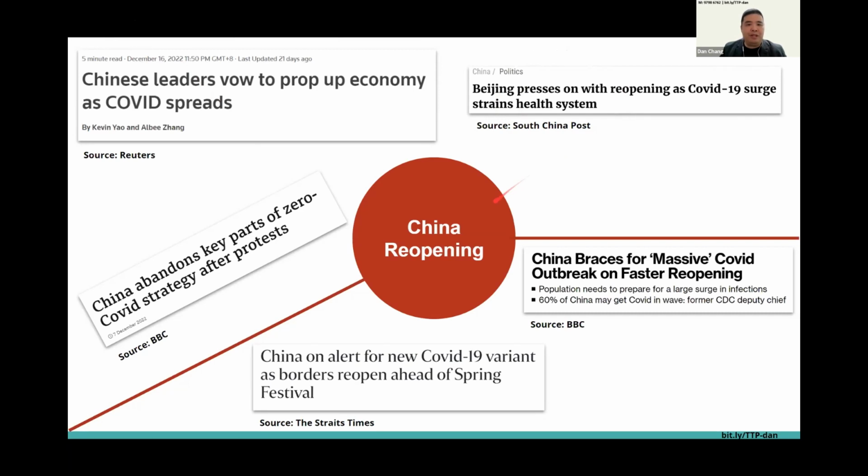So this China reopening catalyst is very, very real, and I'm very optimistic about it. But do take note, nothing is 100%. This is surely a potential catalyst that we should be looking at, and we should include it in our trade plans.